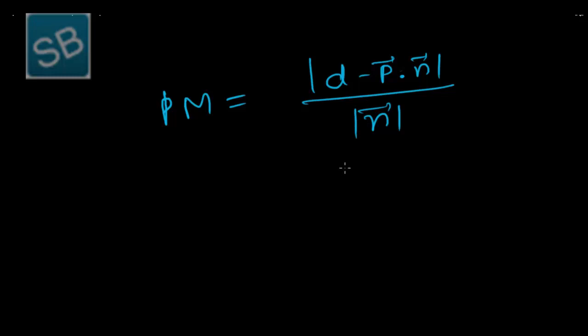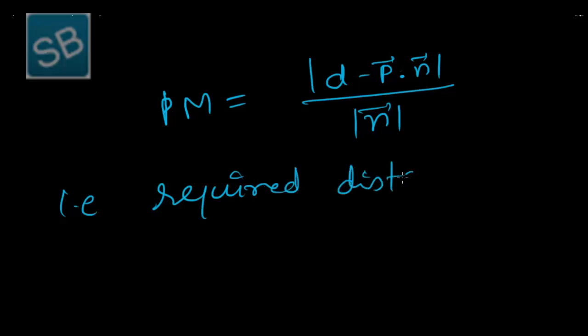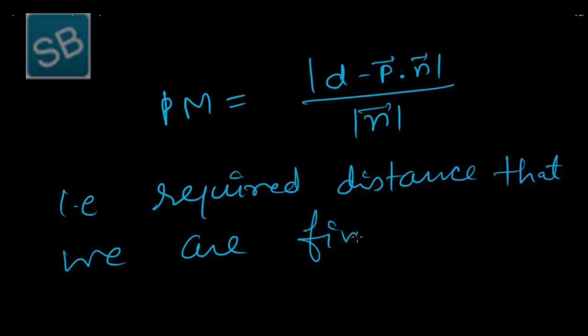That is the required perpendicular distance of a point from the plane, the required distance that we are finding. So this is the way we can find out the required distance of a point from the plane.